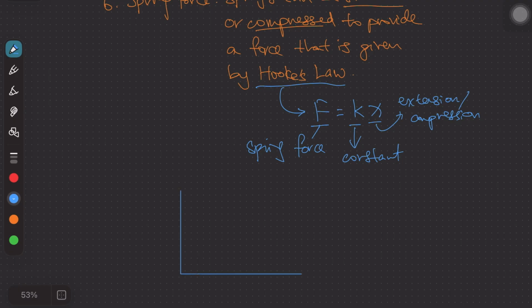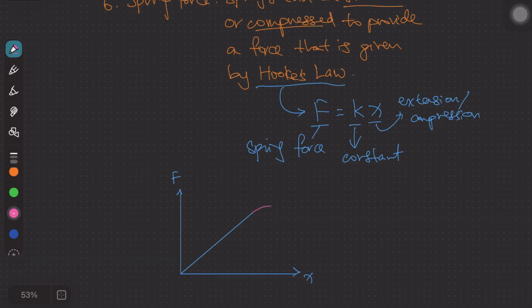So let's say we try and plot this graph of F against x, the spring force against the extension. If proportionality is not exceeded, this is how the graph will look, a linear graph, because k is a constant. However, if we stretch the spring too much, we will have this kind of deformation.